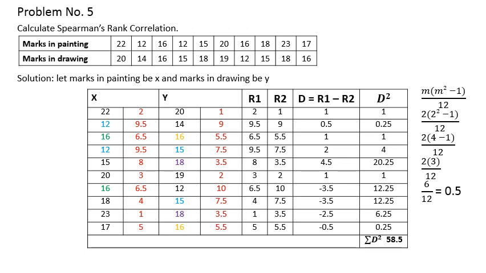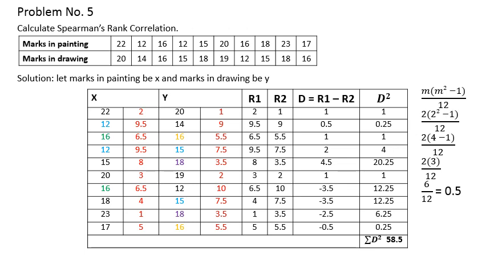In the first set, 12 is repeating twice and 16 is repeating twice. In variable y, 16 is repeated twice, 15 is repeated twice and 18 is repeated twice.